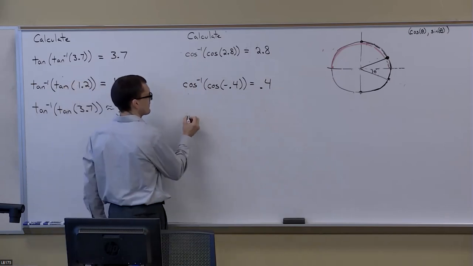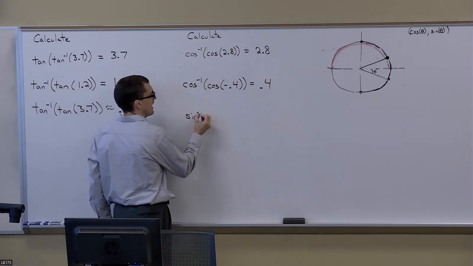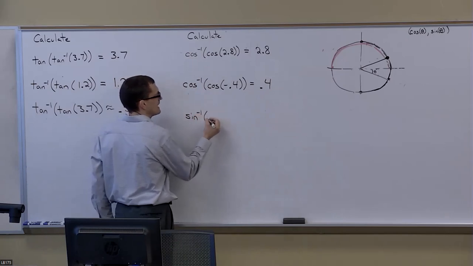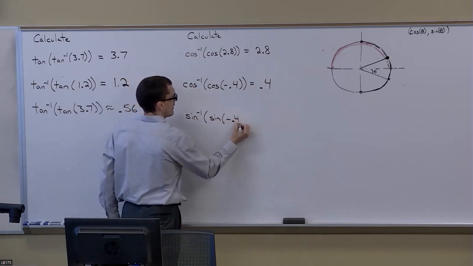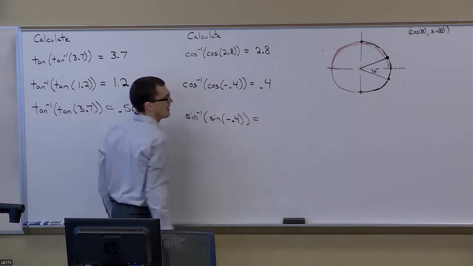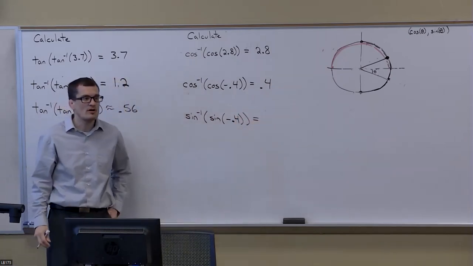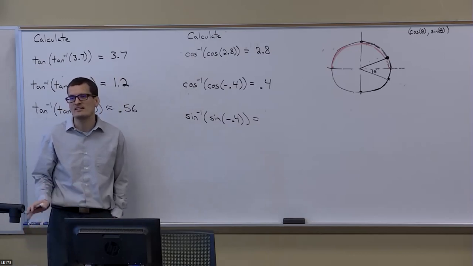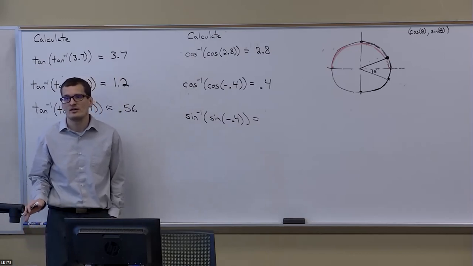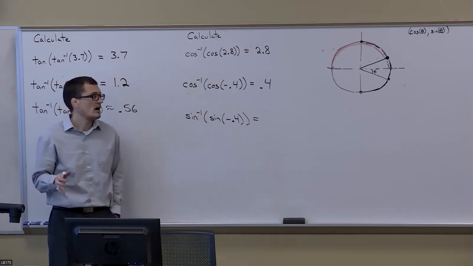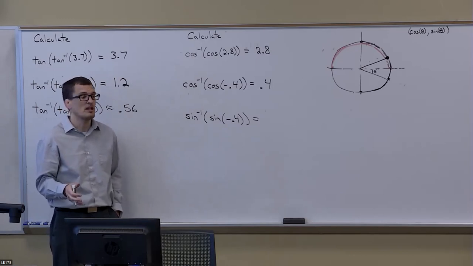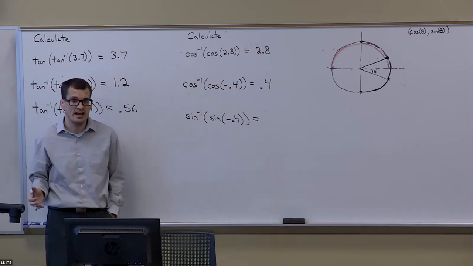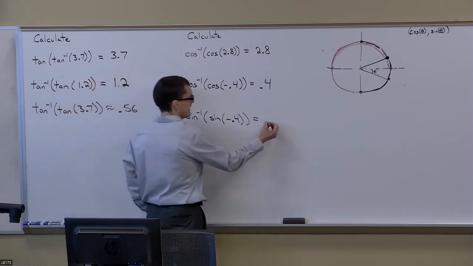Interestingly enough, because sine inverse gives me values out which are in quadrant 4, if I do the exact same thing, sine of negative 0.4, and then apply the sine inverse to that, I'm going to get a negative 0.4.